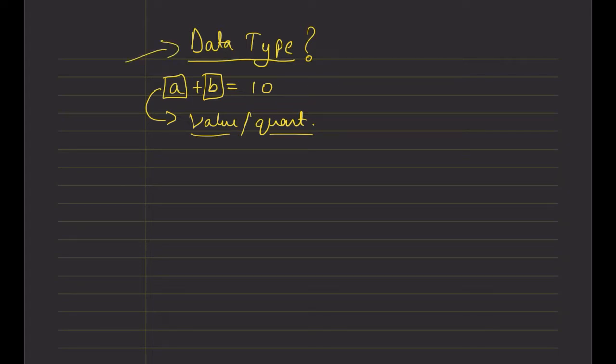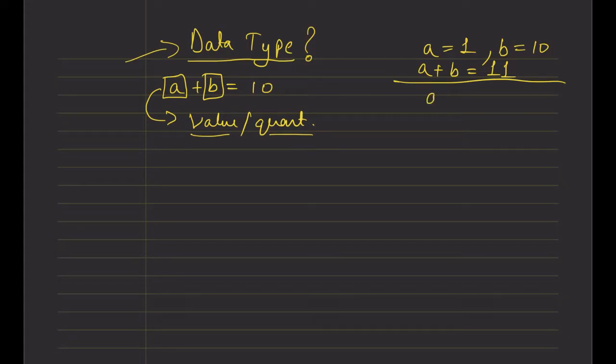Let's take two variables, a with a value 1, and b with a value 10. What if I tell you to add both of them? So a plus b, the result should be 11. That makes total sense, right? But what if I give you another example?